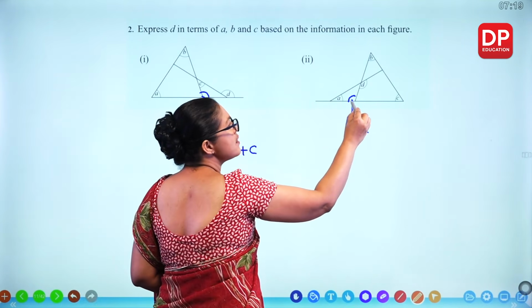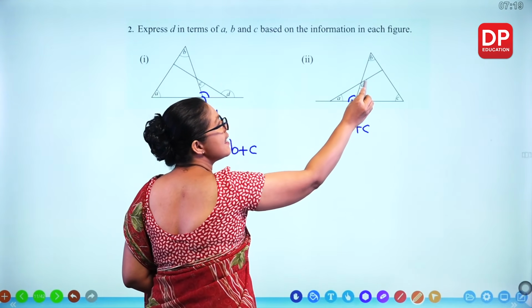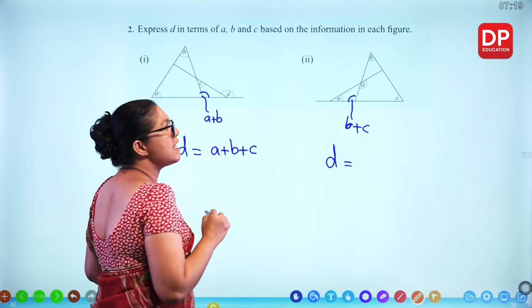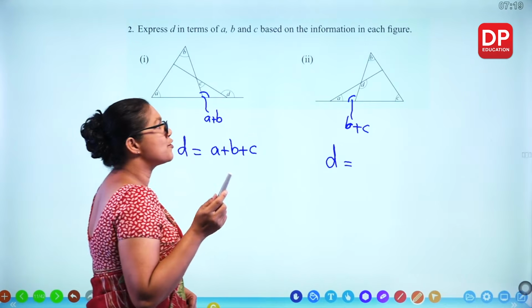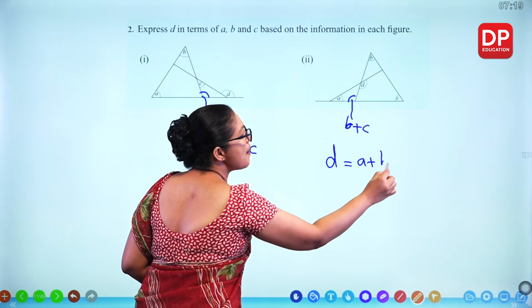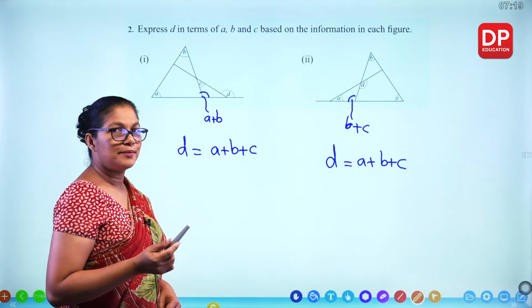Then think about this small triangle. This is B plus C, this is A, and this is the exterior angle. So what can you write about D? Sum of opposite interior angles add up to the exterior angle. So I can write A plus B plus C is equal to D.